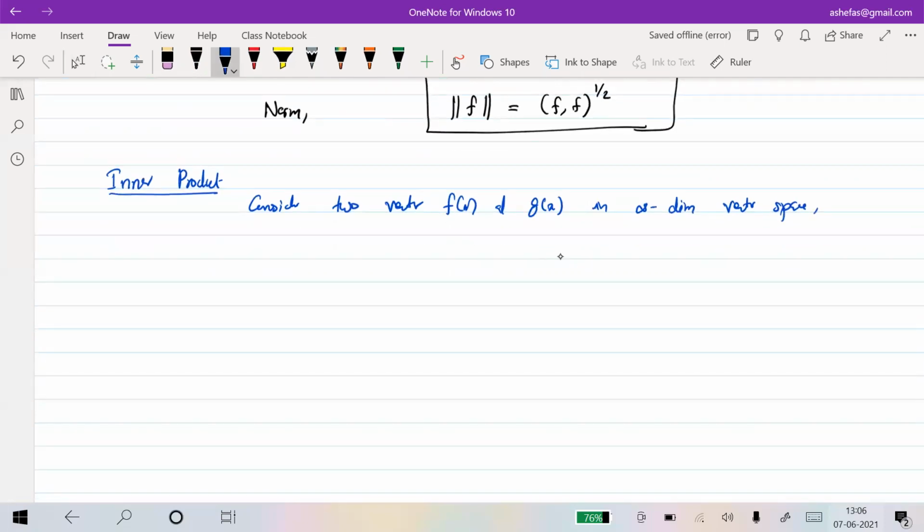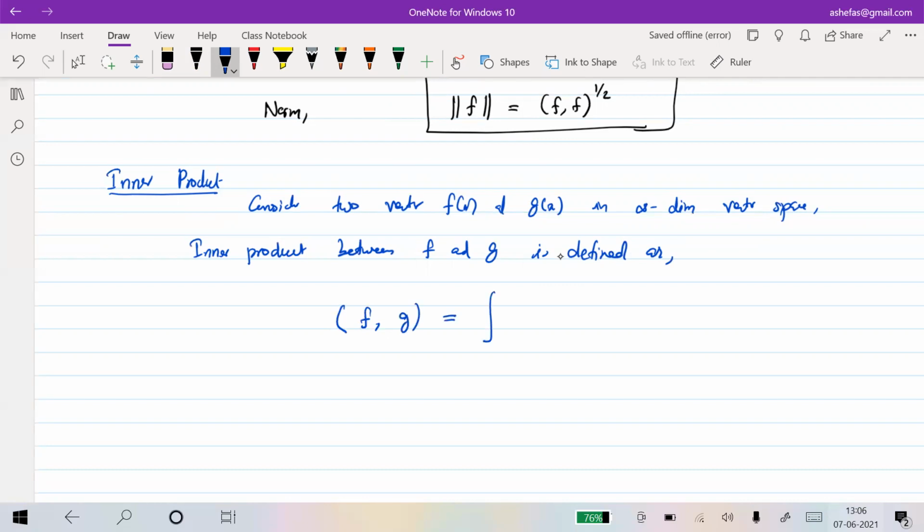Then the inner product between them, f comma g, is defined as the integral of f star of x g of x dx.